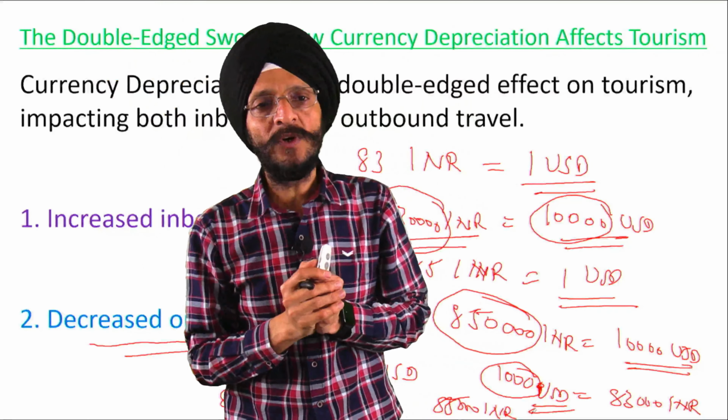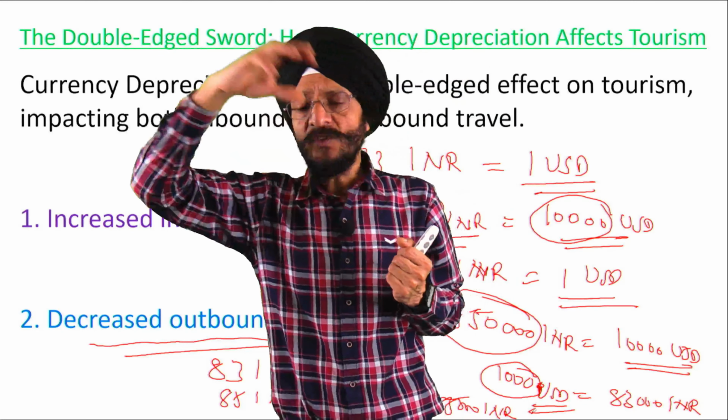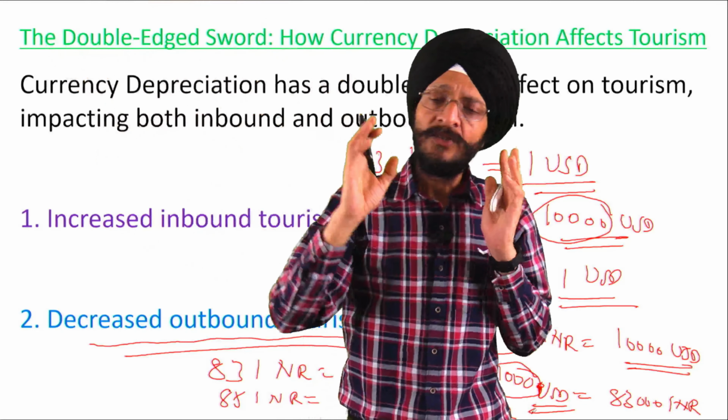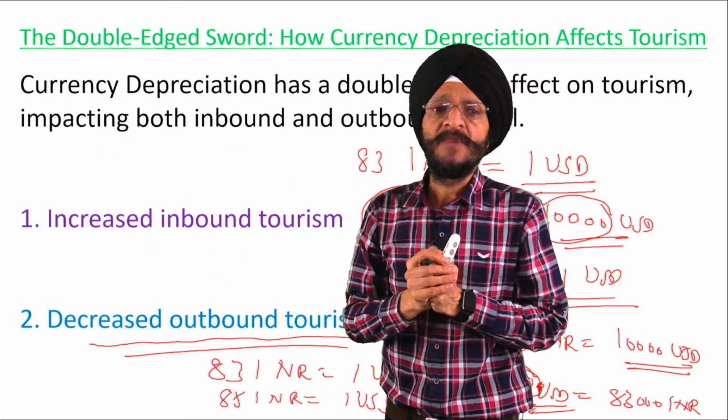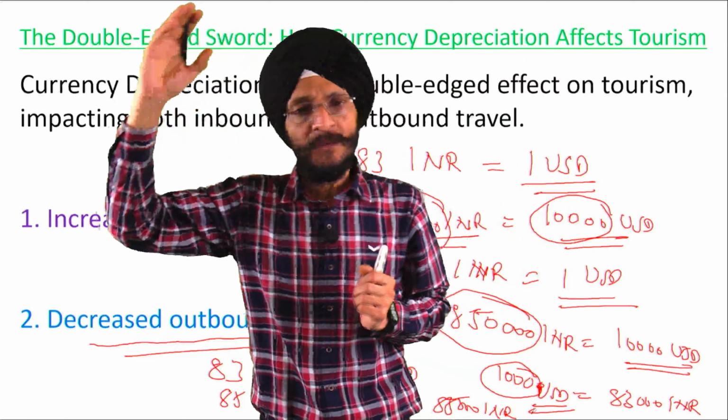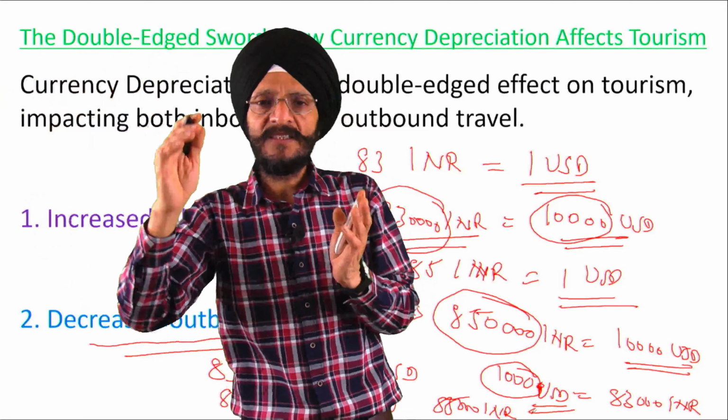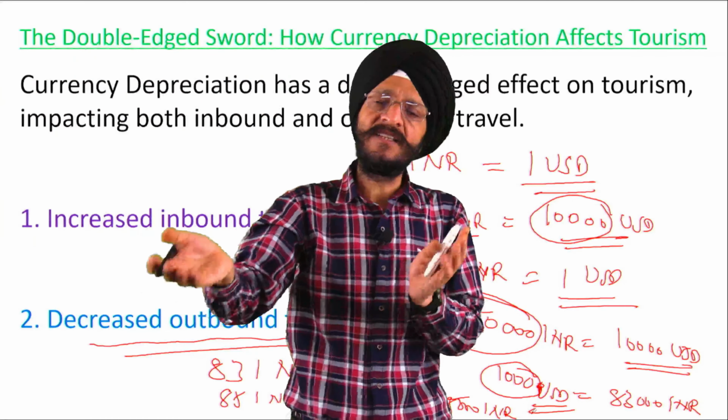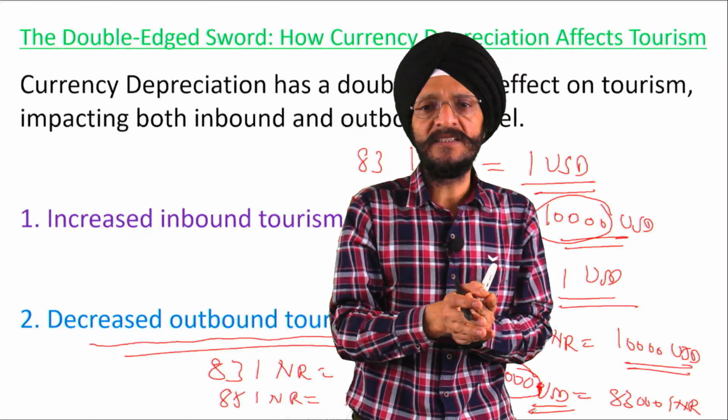So when the budget expenses of going out increase, naturally outbound tourism will decrease, because they will have to pay more, which the Indian person may not afford, as the value of foreign currency has increased and the value of domestic currency has decreased.